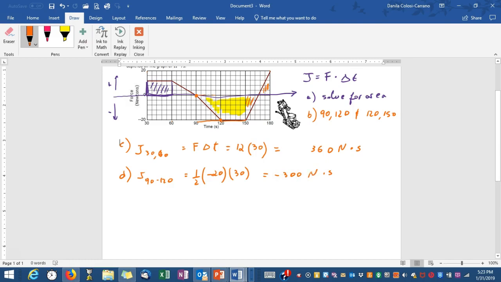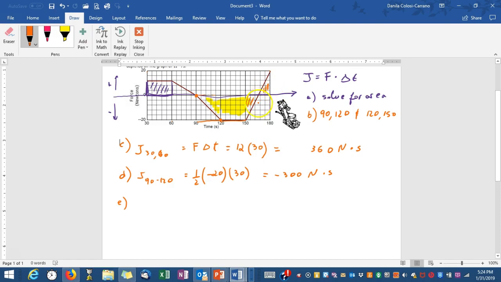Then for part E, what is the impulse between 150 and 180? So here, since we're dealing with those areas, the area between 150 and this number is basically 2 squares and a half, and the other 2 squares and a half are between this number and 180.